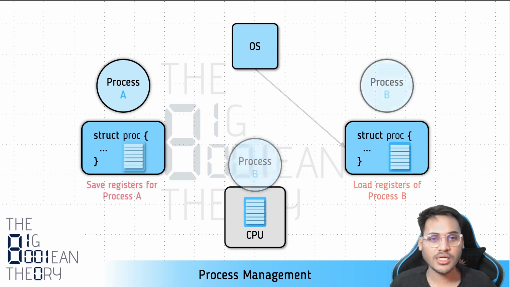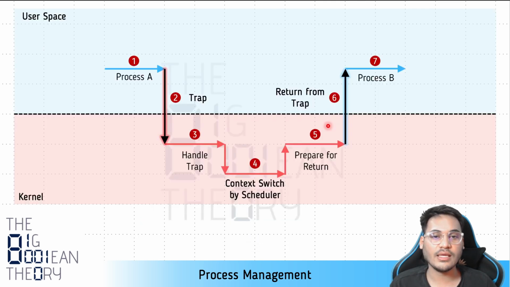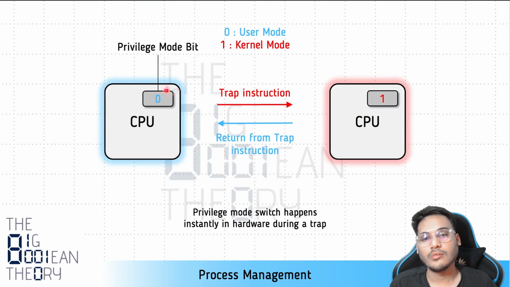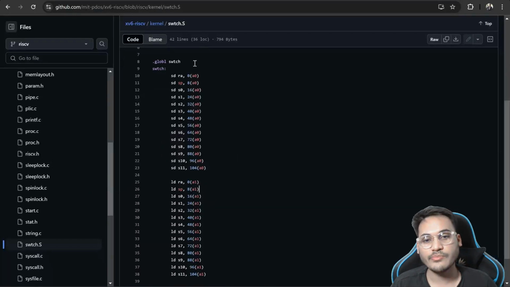Let me go back. In the case of switching of privilege levels, we said that this is just flipping one bit, and it happens instantly in hardware using one instruction. But a context switch is a piece of code executed by software, and you can see multiple instructions are required, and these are memory instructions, loads and stores.